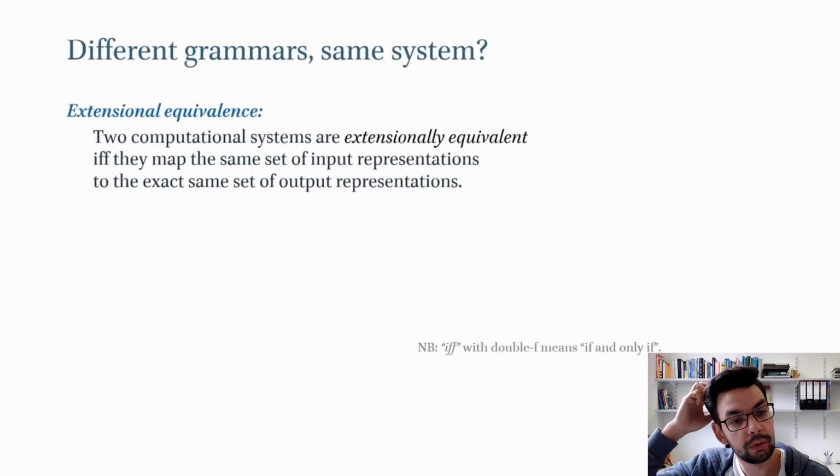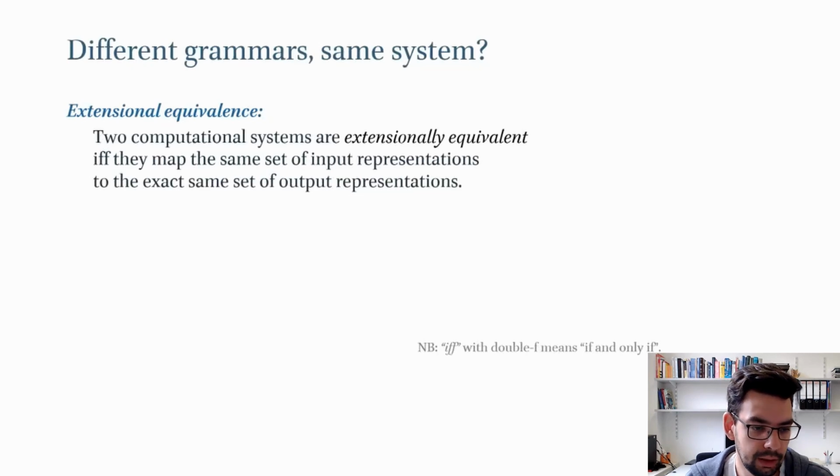Right? And so we might say that two computational systems are extensionally equivalent if and only if, and this is what the "iff" here, notice with a double F, means, if and only if, they map the same set of input representations to the exact same set of output representations. Right?